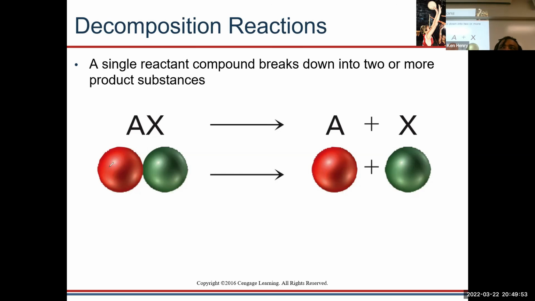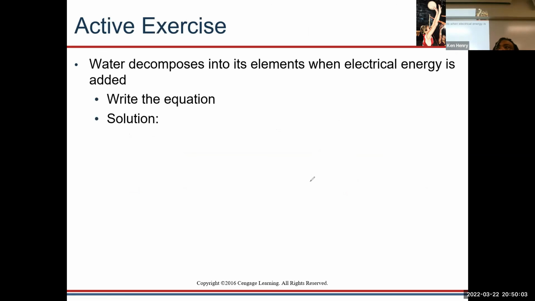So in this case, we have AX yields A plus X. We get from one reactant to two products. An example of this is water decomposing into its elements when electrical energy is added. So what would be the chemical equation for this? We have H2O.